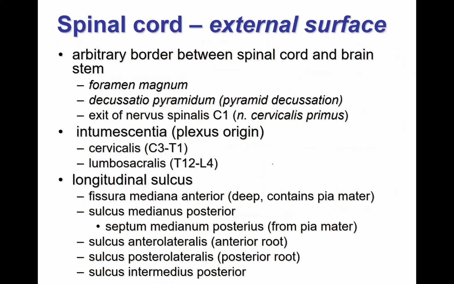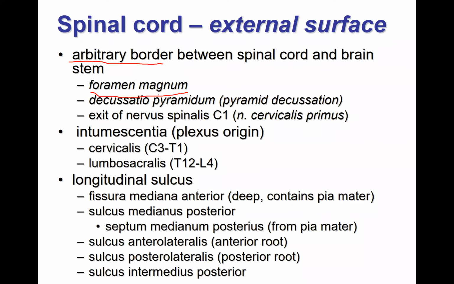So what is the arbitrary beginning of the spinal cord? The spinal cord is a fluent continuation of the brain stem, of the medulla oblongata. So we have decided to have an arbitrary border, and you can see it externally at the level of the foramen magnum.